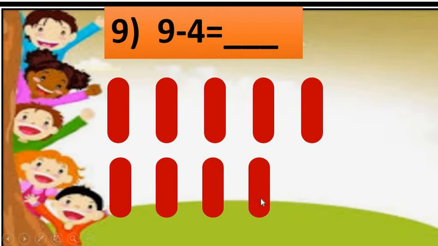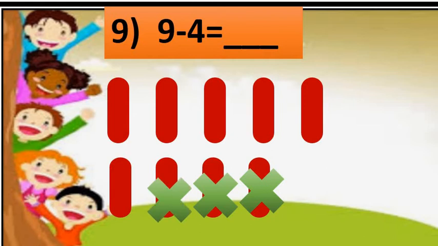Cross out or take away 4. 1, 2, 3, 4. Now see how many objects are remaining there. 1, 2, 3, 4, 5. 9 minus 4 is equal to 5. Completed? Very good. Make sure your handwritings must be good. Now write in a new line.